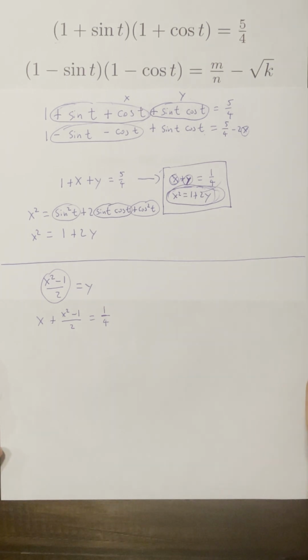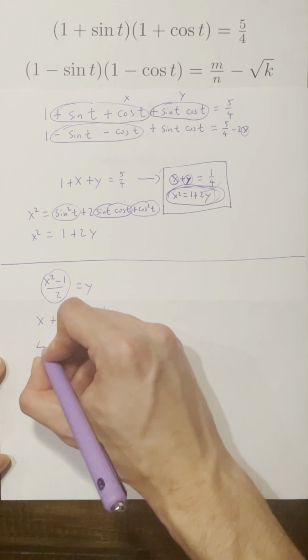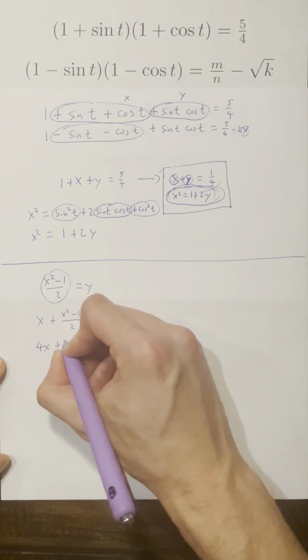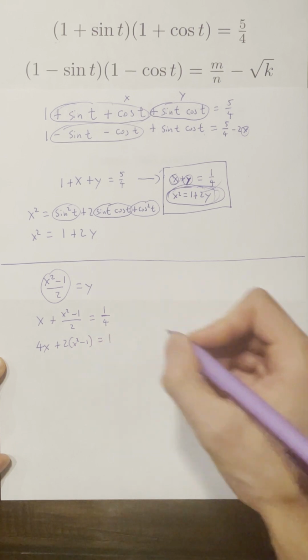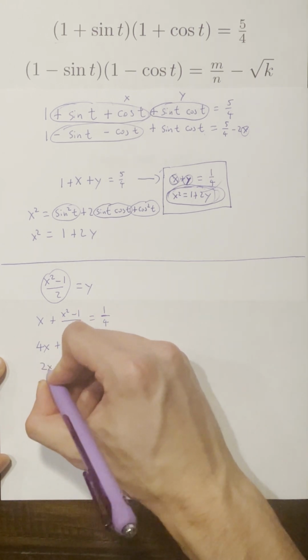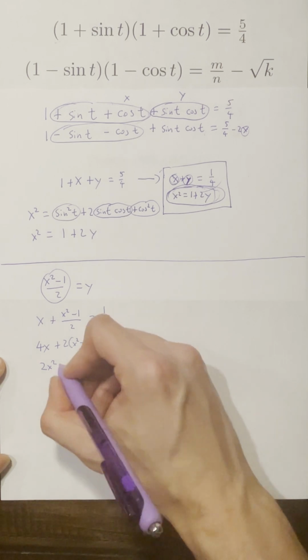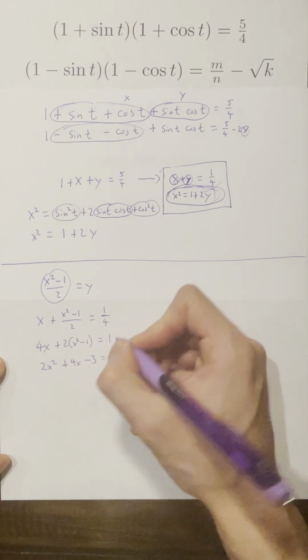I don't like fractions, so let's get rid of it. How do we get rid of the fractions here? Well, we can multiply the entire equation by 4. Okay, and if we simplify this, we're going to get 2x squared plus 4x minus 3 equals 0.